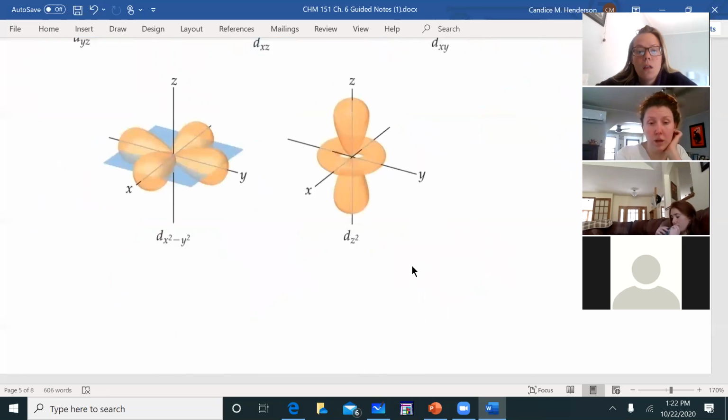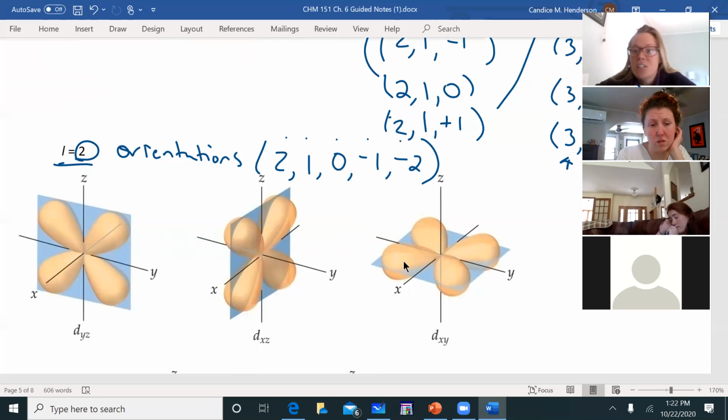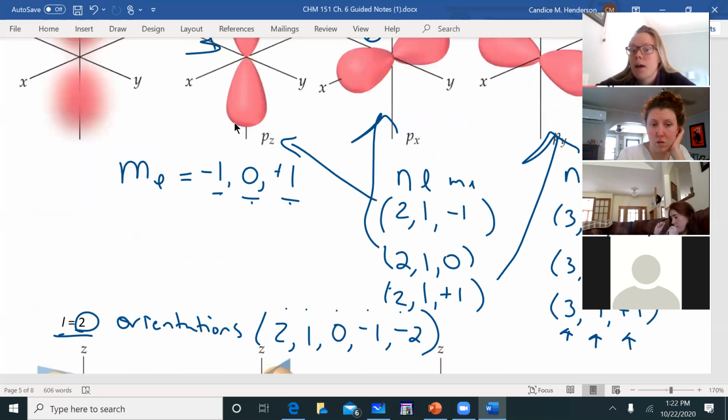Do we need to memorize which numbers correspond with which orientation? They don't actually correspond with any orientation. All they're letting you know is that there are 3 different options. It's not saying this is specifically this orientation. This -1 could be this, this 0 could be this or whatever.